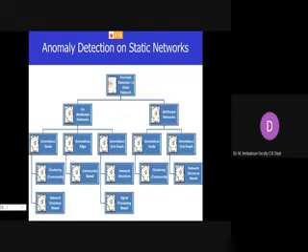If you look at anomaly detection in static networks, we have unattributed networks and attributed networks. Further in attributed networks, the node may be the anomaly, the edge may be the anomaly, or a subgraph may be the anomaly. Further, in anomalous node detection, there are different approaches the research groups are working on, such as clustering or community-based anomalous node detection. Likewise for anomalous edges.